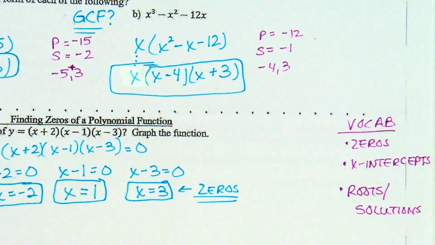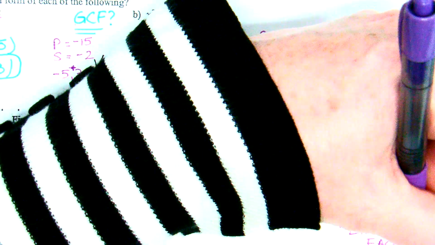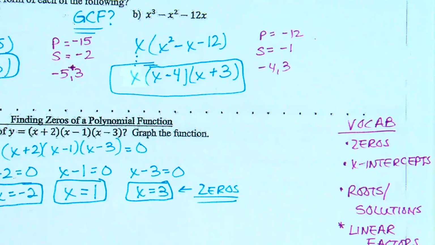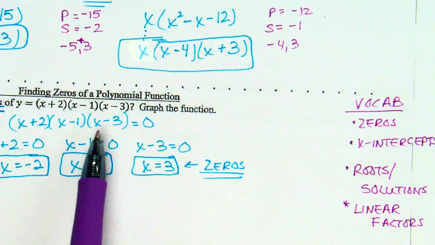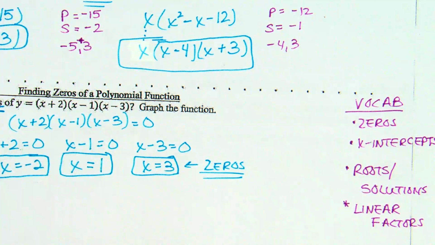And along the same lines, these zeros or x-intercepts come from linear factors. X minus 3 is a linear factor. X minus 1 is a linear factor. And x plus 2 is a linear factor.